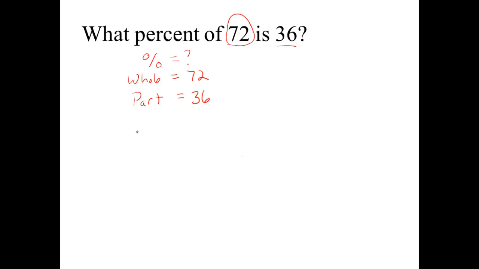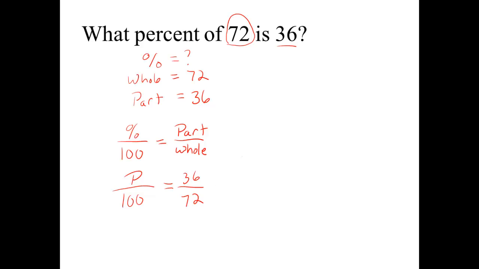So our formula is percent over 100 is equal to part over whole. We don't know our percent. We'll put that over 100. Our part is 36, and our whole is 72.